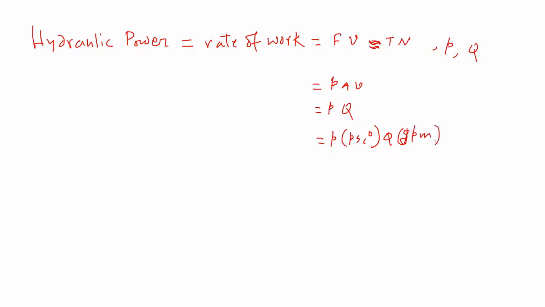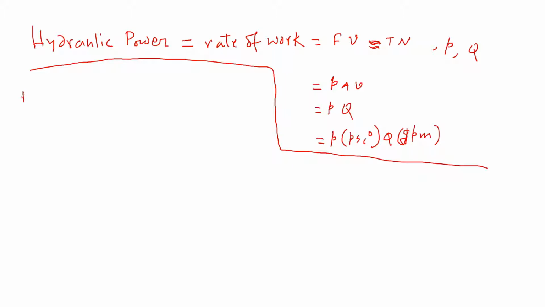Now, if we want to see this relationship in horsepower, let's convert this into horsepower. So the hydraulic power: we found the relationship, P times Q. Typically P is in PSI in a fluid power system, and Q is in gallons per minute.